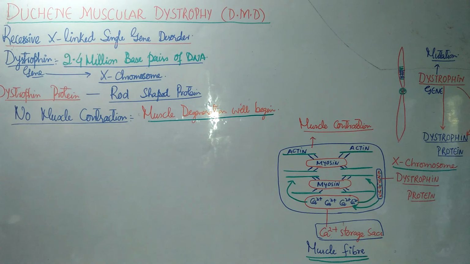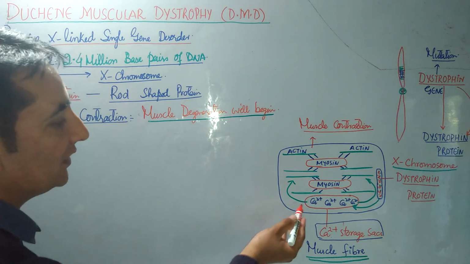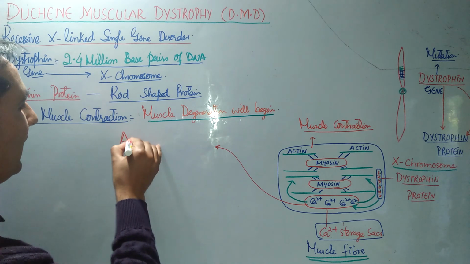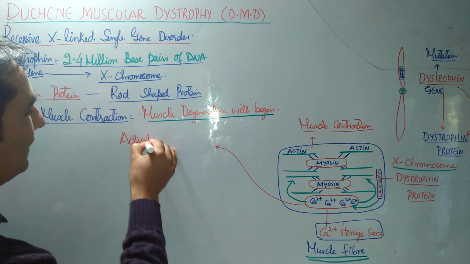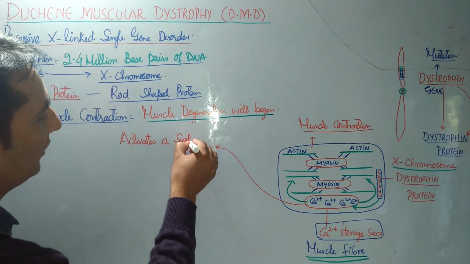Further, the storage of calcium ions inside the calcium storage sacs activates a system of enzymes inside the myocytes.